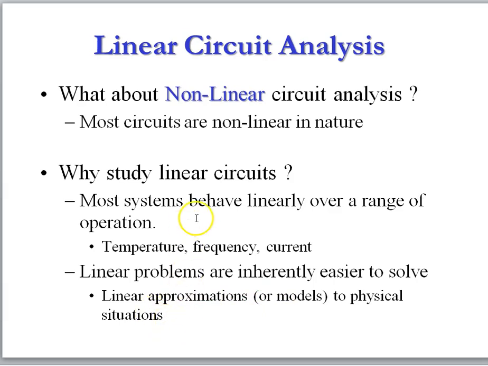It's also true that most systems behave linearly over a range of operation. That range of operation includes a range of temperature, a range of frequency, a range of current or voltage.